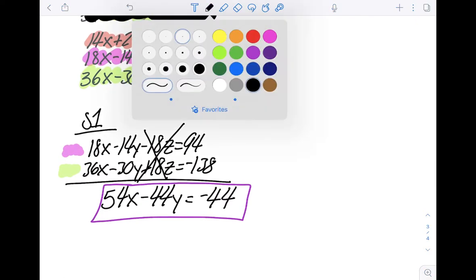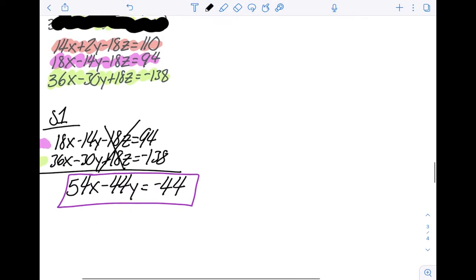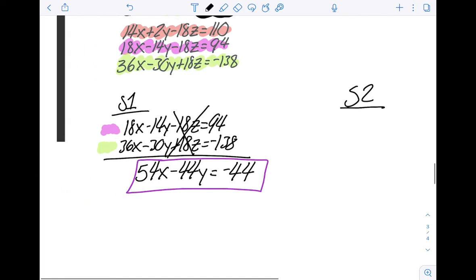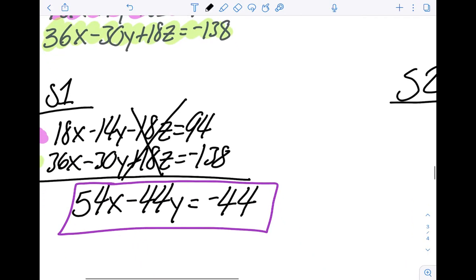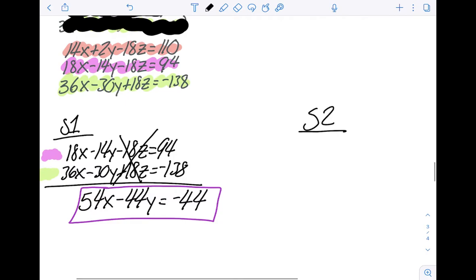Okay. Step 2, I'm going to pick two other combinations that can cancel. So positive 18z and negative 18z. So I'm going to go with red and green. So my red is 14x plus 2y minus 18z is equal to 110.